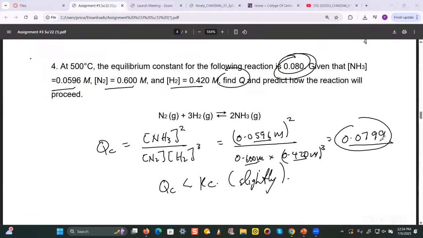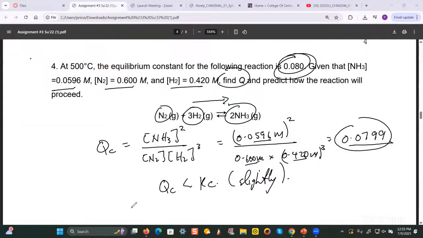Now, if QC was exactly equal to KC, then there'd be no shift because the system is at equilibrium at that point, right? Okay, so the question is, how does the reaction proceed? In other words, which direction will the equilibrium shift? All right, and because QC is less than KC, the equilibrium will shift in the direction so as to increase the QC value up to the KC value, which means that the equilibrium system would have to shift from left to right so as to increase the concentration of ammonia and correspondingly decrease the concentrations of nitrogen and hydrogen so that the QC value will be equal to the KC value.